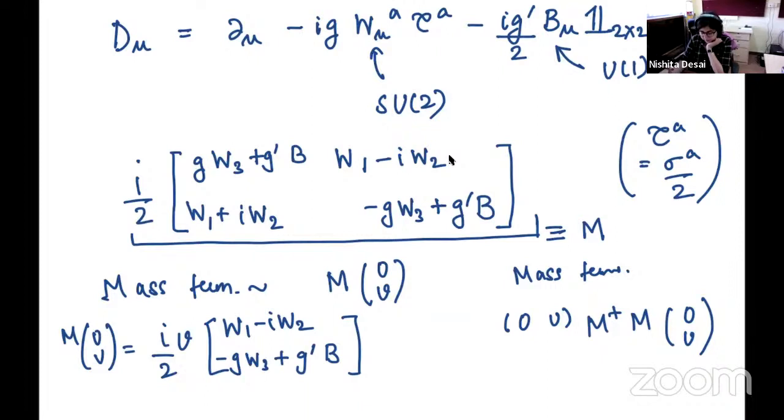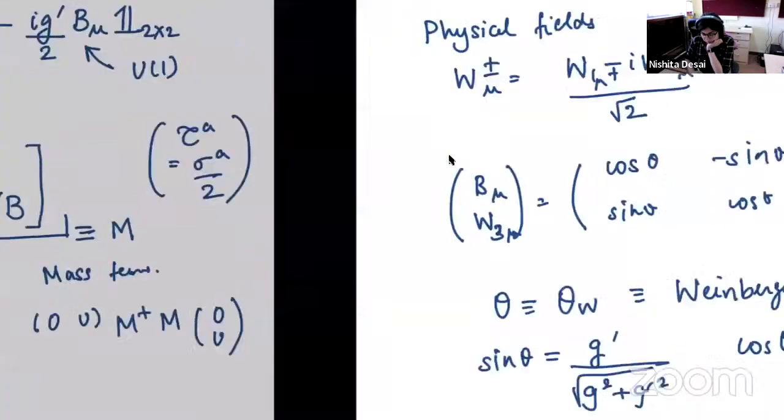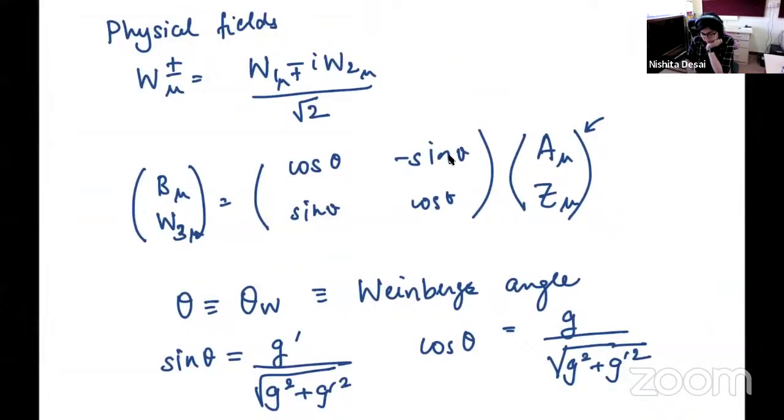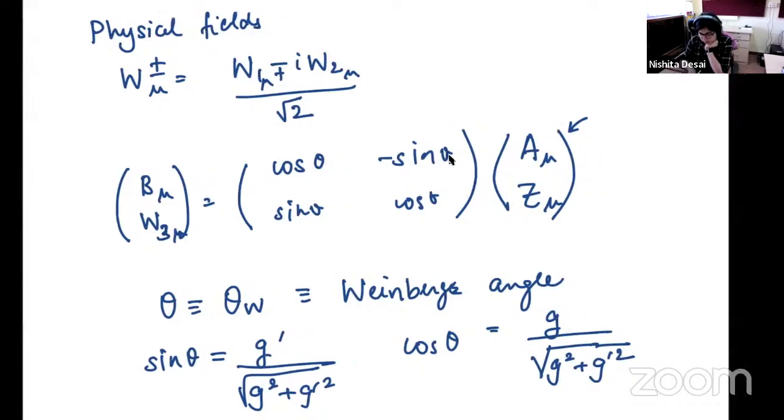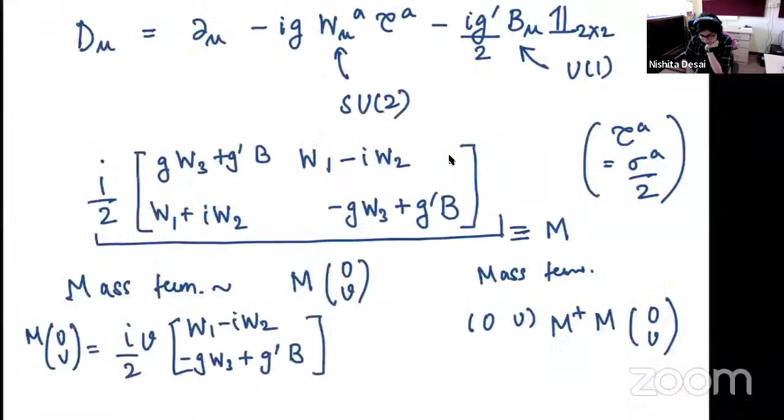We looked at what the new mass terms look like, and we see that you still only have 3 massive gauge bosons, the W plus minus as before, and one combination of the W3 and B. This combination can be got from the original W3 and B by a simple rotation, and this angle of rotation is called the Weinberg angle. Okay, that is where we stop for today.